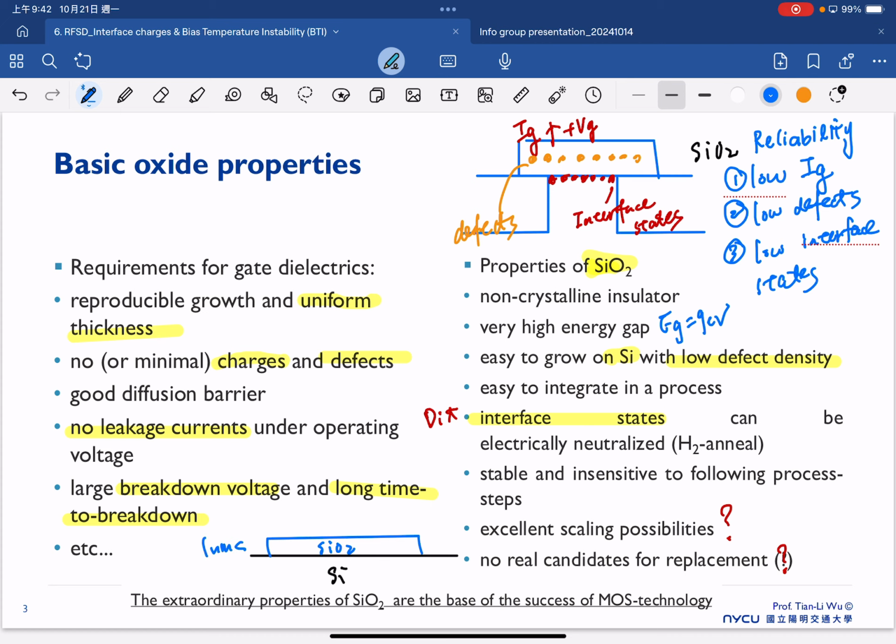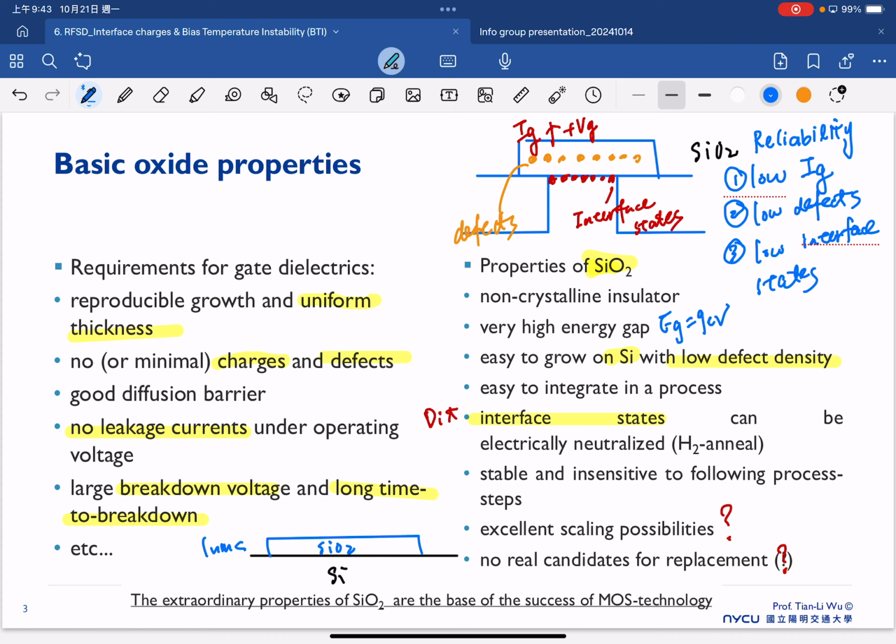And in this case, once we move to silicon dioxide below 1 nanometer, we have a huge leakage current issue. That's based on quantum mechanics. We all know that once the dielectric becomes very thin, the tunneling current can be very high.